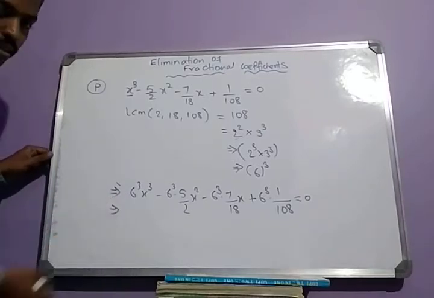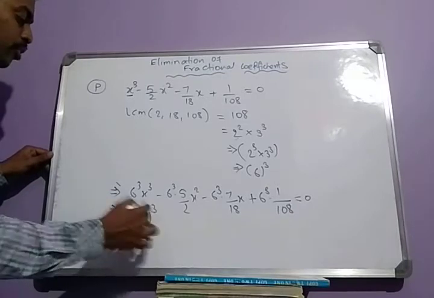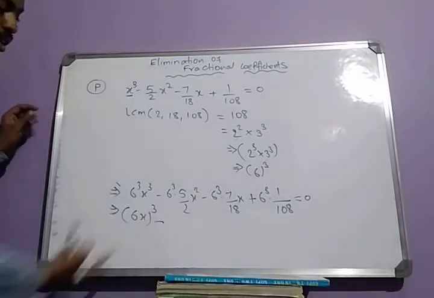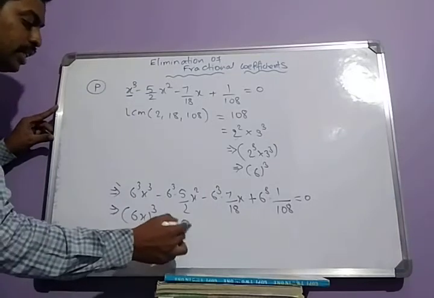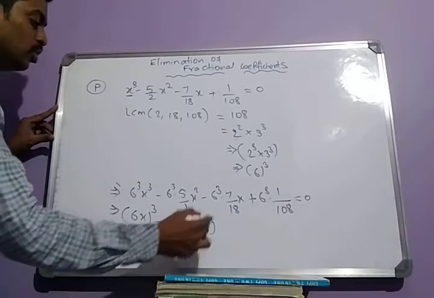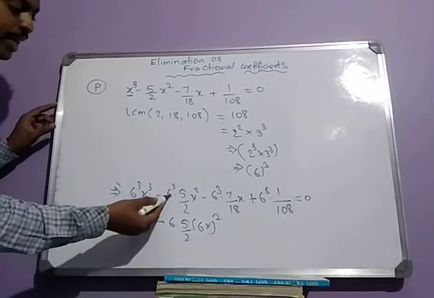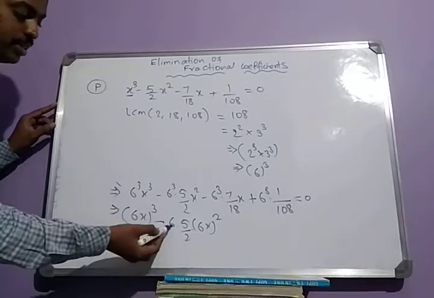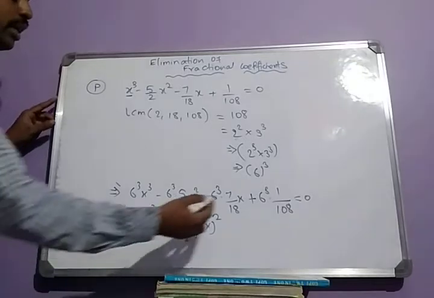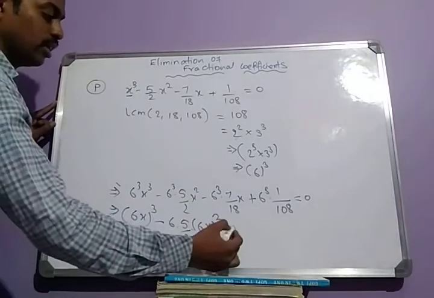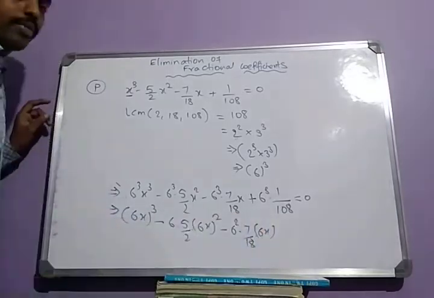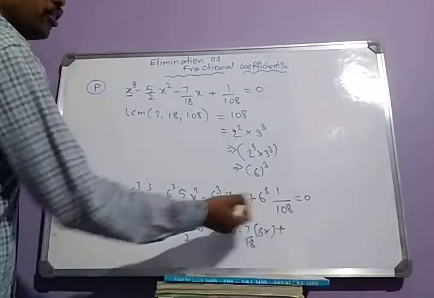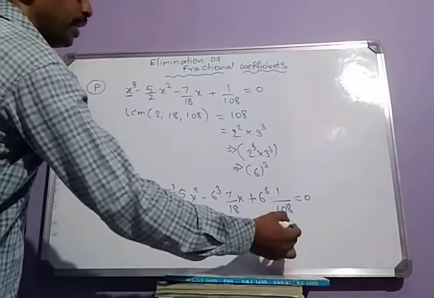I can write it as 6x whole cube minus, observe closely, 6 into 5 by 2 into 6x whole square, correct? 6 cube is written as 6 and 6 square. I kept 6 here, I took 6 square here. Next, this thing I can write as 6 square into 7 by 18 into 6x plus 6 cube divided by 108 is 2.